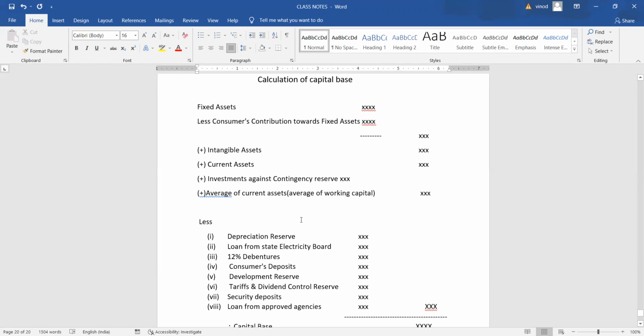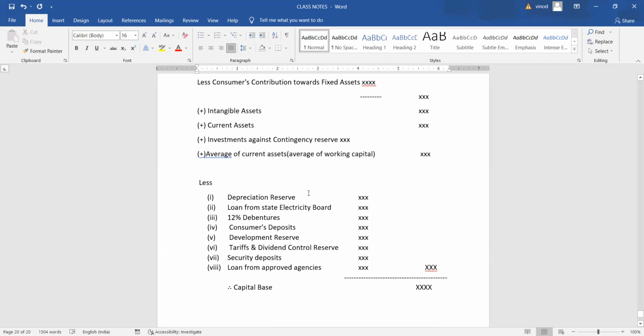After adding all these things, we should subtract depreciation reserve, loan from the state electricity board, 12% debentures, any percentage; some problems give 12% or some problems give 10%. Debentures, consumer deposits, development reserve, tariff and dividend control reserve, security, all these things you have to deduct. After deducting these values, we'll get the base.